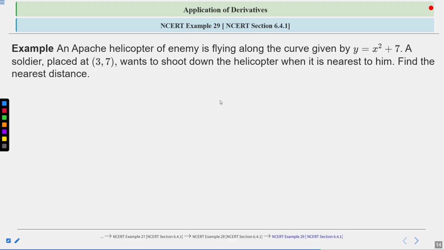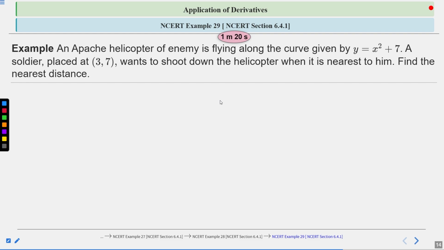After that, we will try to minimize the distance by using the maxima-minima concept, by using critical points. By finding the critical points, we will see whether at that point it is a maximum or minimum or not. In this way, you can easily attempt this question.